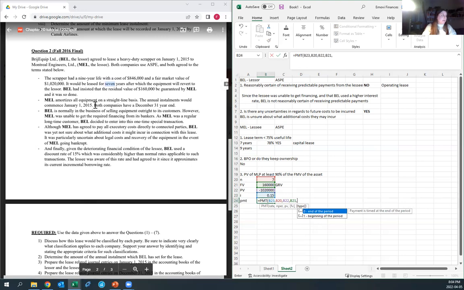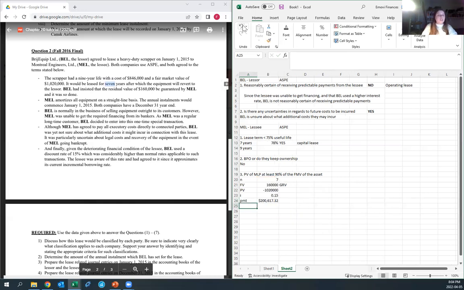The payments are made on January 1st, 2015. So here it's beginning of the period. So we have to put 1, or on your financial calculator, make sure that you switch it to beginning mode instead of ending mode. So you'll have payments of 200,000, and the present value of the payments is 1,020,000. So the PV of the MLP is 1,020,000, and the fair market value is 1,020,000. So it's 100%. So yes.